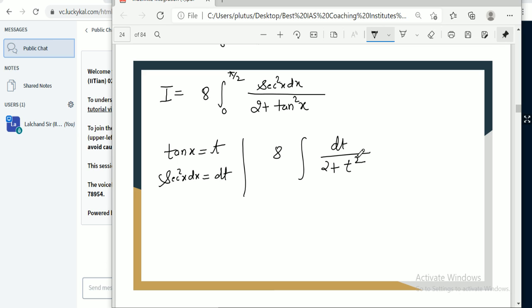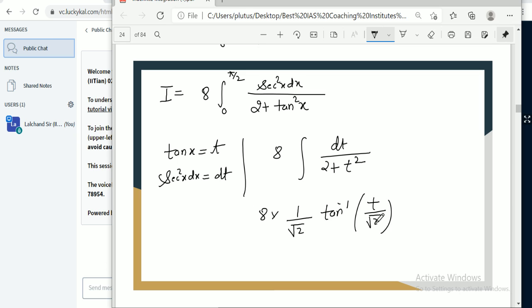So now tell me the value of this. If we simplify this, then I have 1 by a, that is 1 by root 2, tan inverse t by root 2.